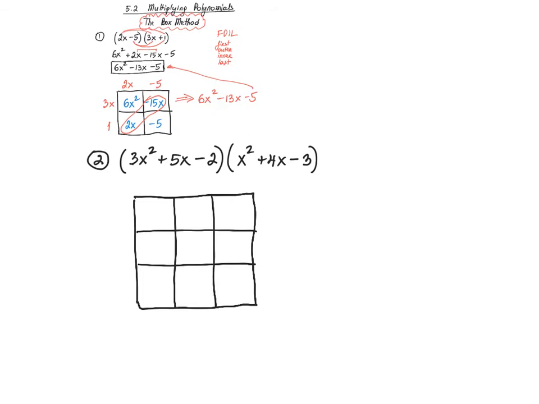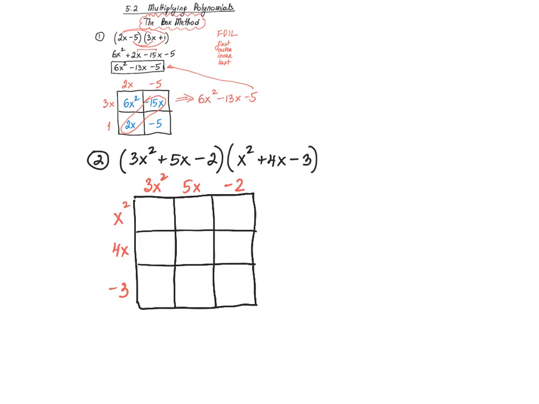So I have 3x squared responsible for first column, positive 5x, negative 2. The next trinomial will be responsible for rows, x squared, 4x, negative 3. Now it's time to fill in this box. As you notice, we will end up with 9 small products that later will have to combine and give me a final result. So let's start filling in these cells.